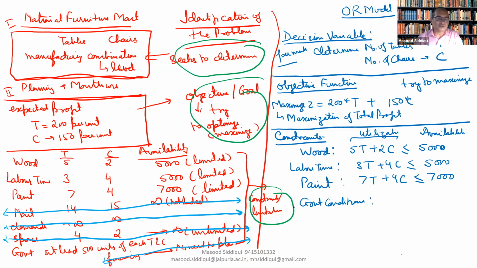This condition should be imposed on both the activities, means both the activities must have a level of at least 500. Means the number of tables that should be produced should be at least 500.